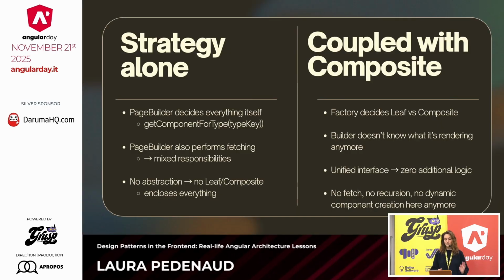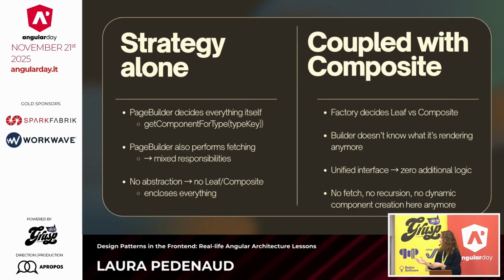So with the strategy alone, the page builder decided everything itself. And the page builder also performed fetching, which is not a clean way of coding it. And there is no abstraction for the leaf versus composite thing.